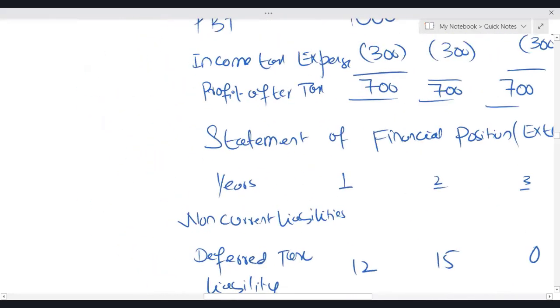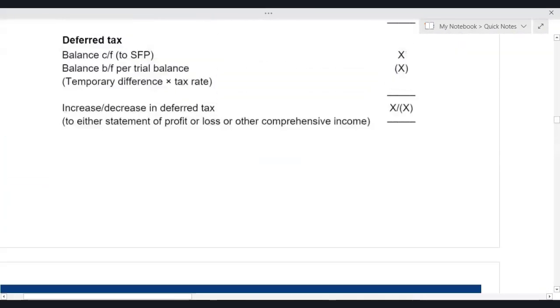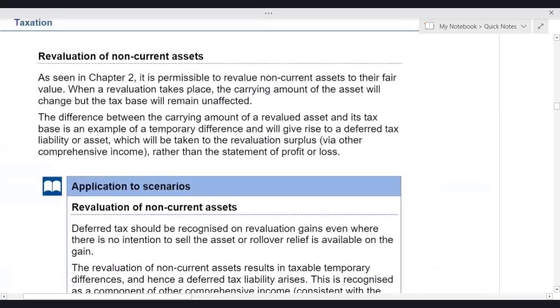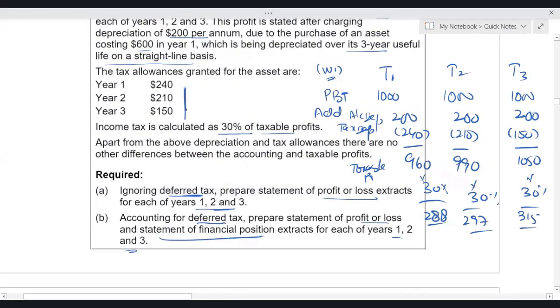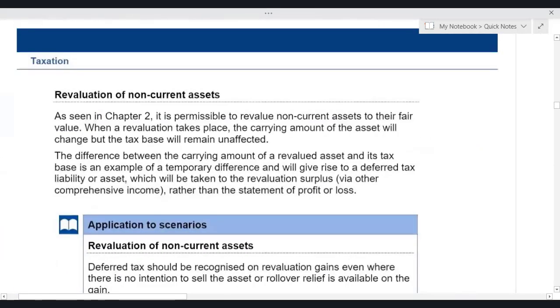Now let's go back to the question. We have done this. Revaluation, we have already discussed. If your deferred tax liability arises from the revaluation surplus, it will be charged to revaluation surplus.